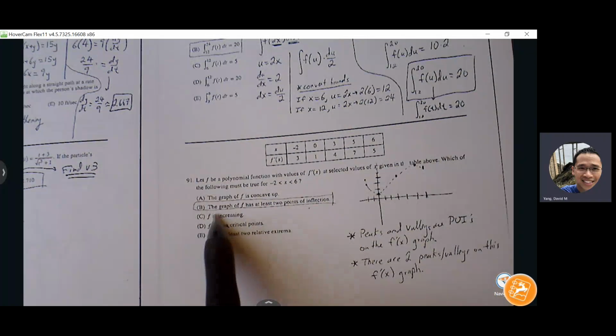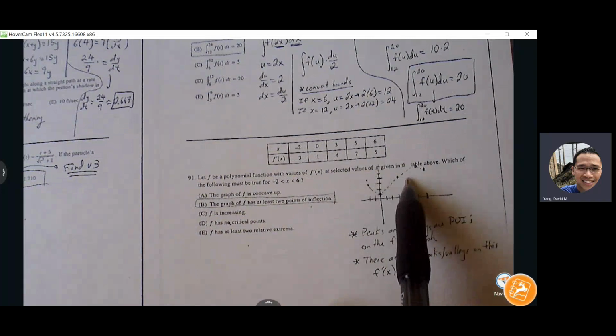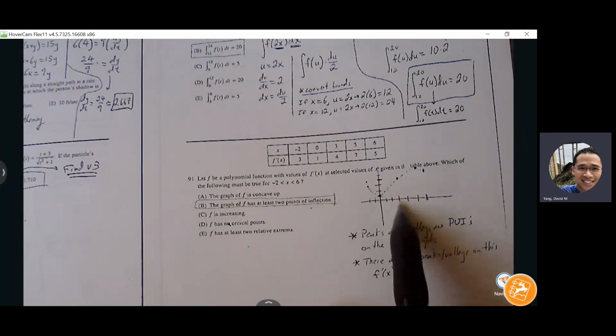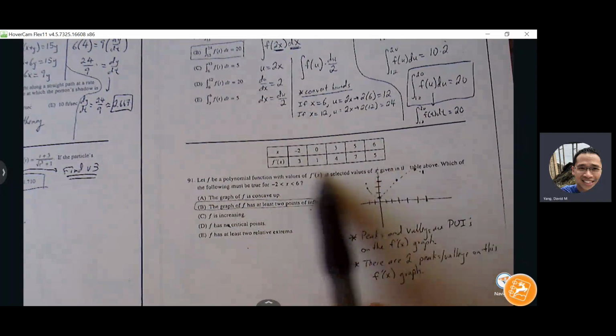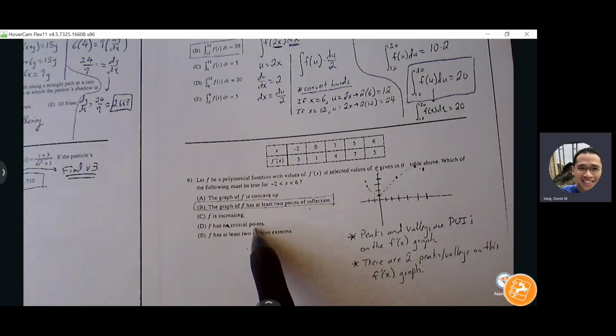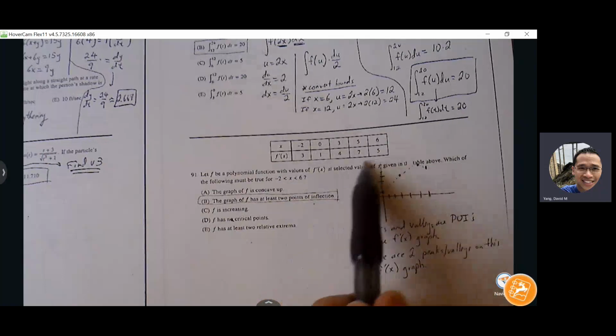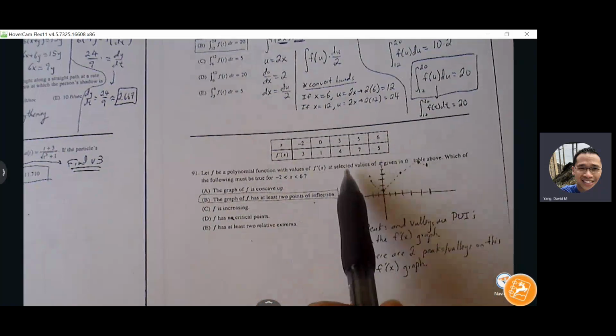We could say the function is increasing if it's always above the x-axis, but we can't guarantee that because this graph may dip below the x-axis that we don't know about, but it also may stay above. It's possible it has no critical point, that's true, but it could also dip below. We have to understand that we're not seeing the entire graph. We just have points around the graph.